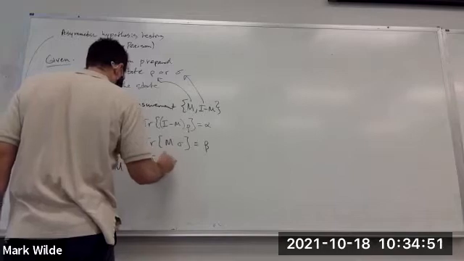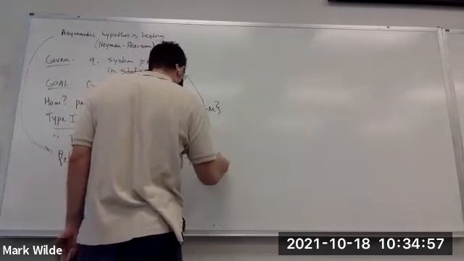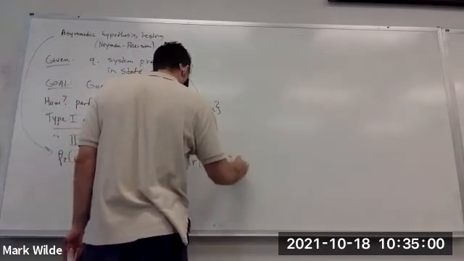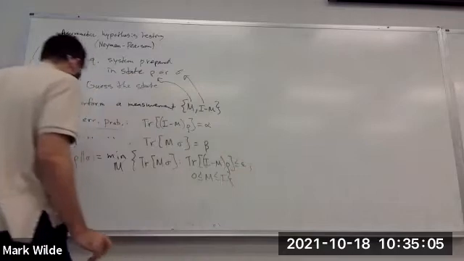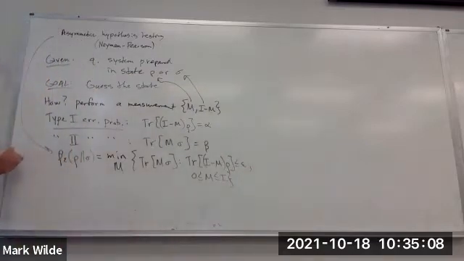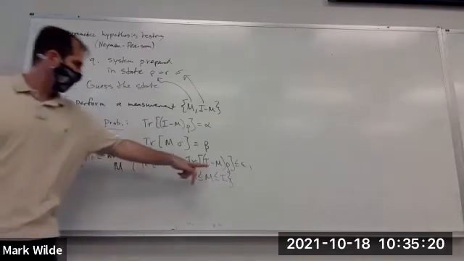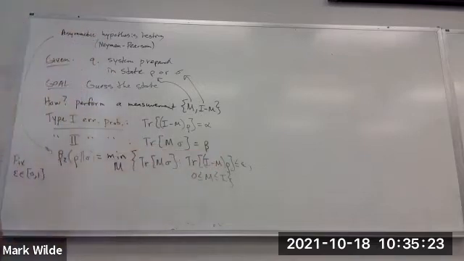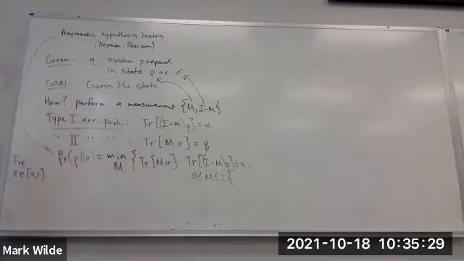Let me just write it and then I'll explain. First you fix epsilon, which is some number between 0 and 1. Then you're trying to minimize the type 2 error probability subject to this constraint on the type 1 error probability, and you're minimizing over all measurement operators. So that's the problem.